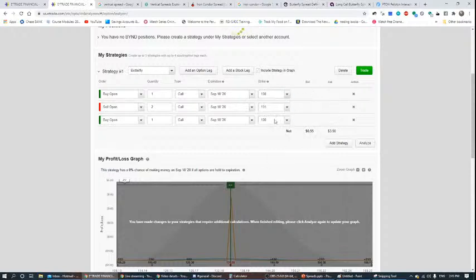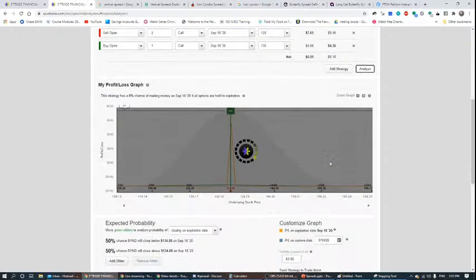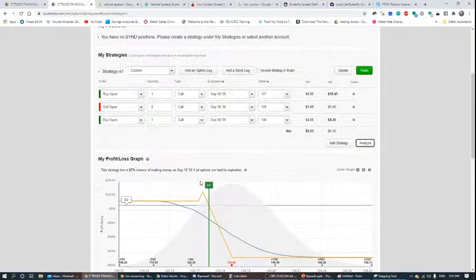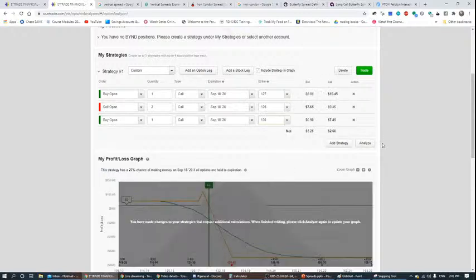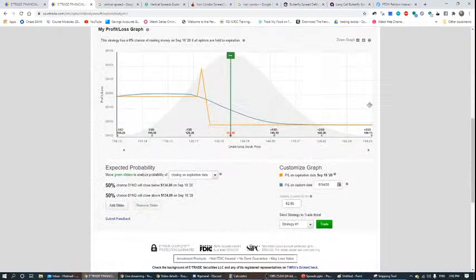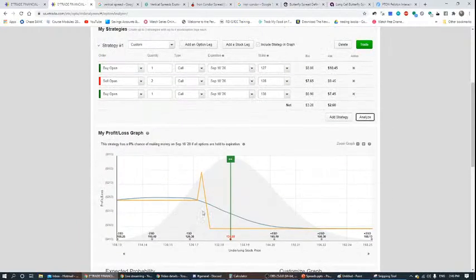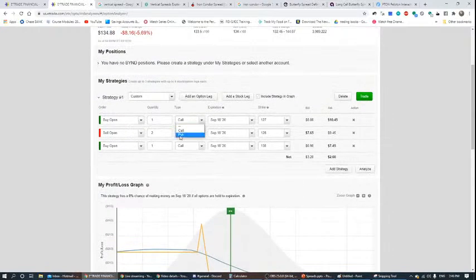Okay, so 327, 20. Okay, this would be like a broken wing butterfly. This one's deep in the money, so usually what I do is I have to move it up a bit. Okay, so not very even, but it's not gonna make me any money on this. Oh, wrong way.